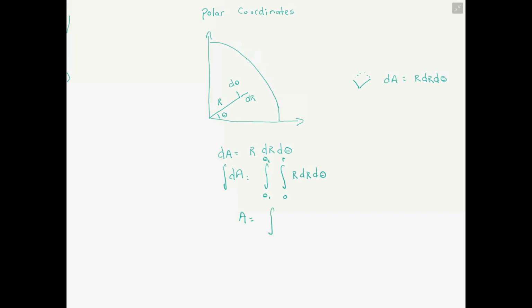And so we integrate in the r direction, the radial direction first. So we have 1/2 r squared evaluated between r and 0 d theta.